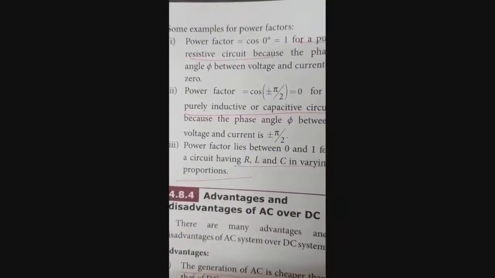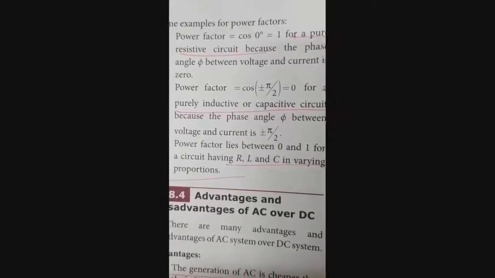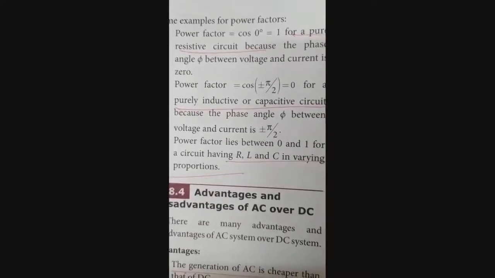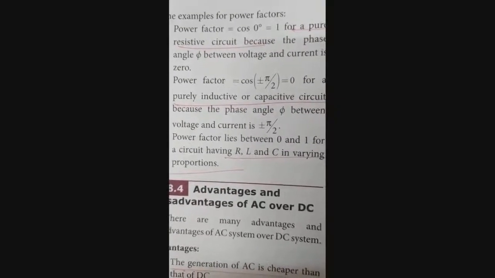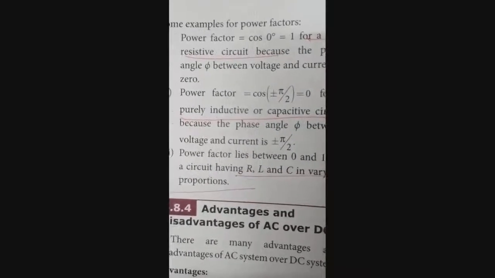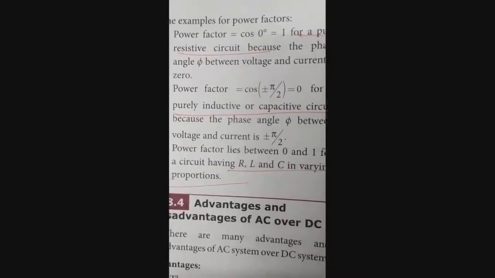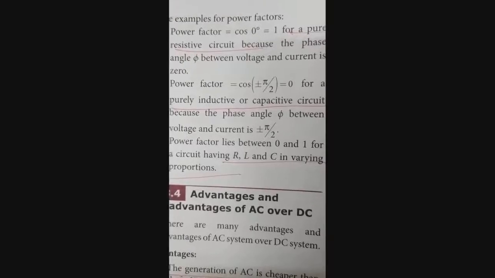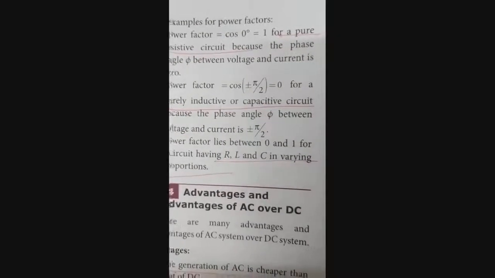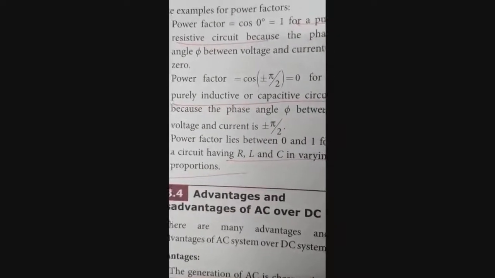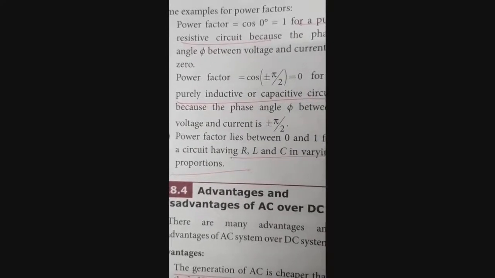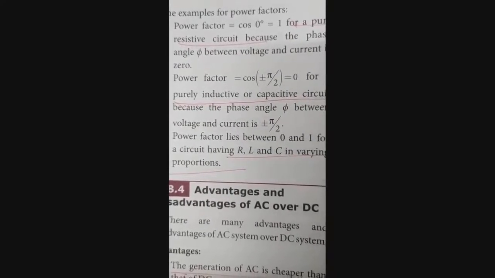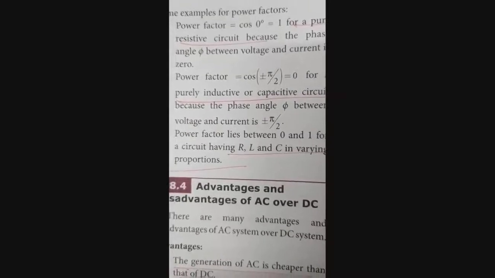So power factor has some examples. We are going to see resistive circuit, purely inductive or capacitive circuit, and other circuits. For a resistive circuit the phase angle is 0, and so the power factor is 1. For a capacitive or inductive circuit, cos of plus or minus pi by 2 will become 0.